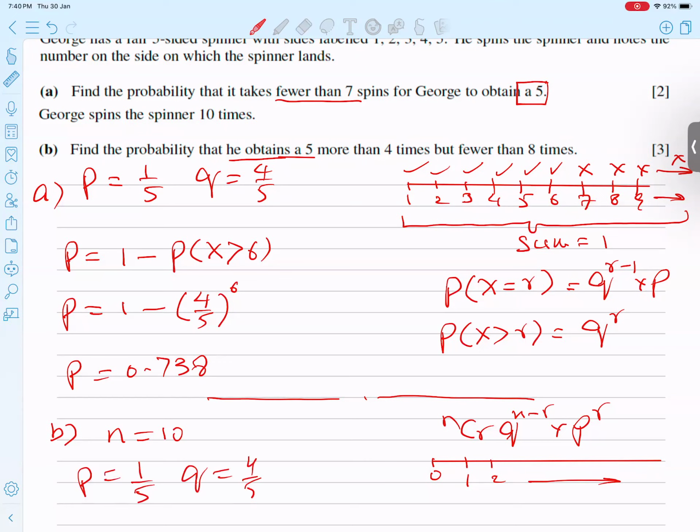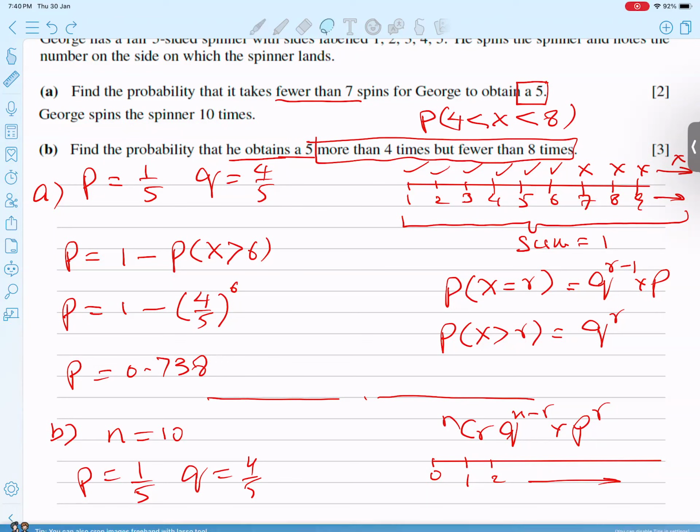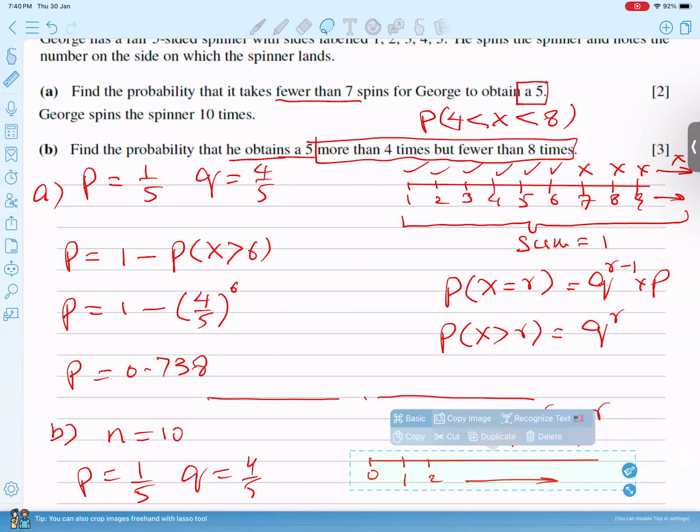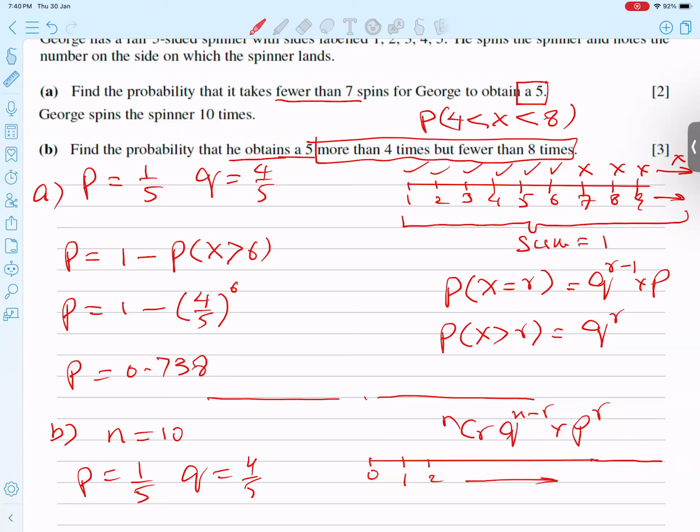But he said more than 4 and less than 8. So if I do it on a number line system, students, let's see what happens. Total is 10, very simple: 3, 4, 5, 6, 7, 8, 9, and 10.